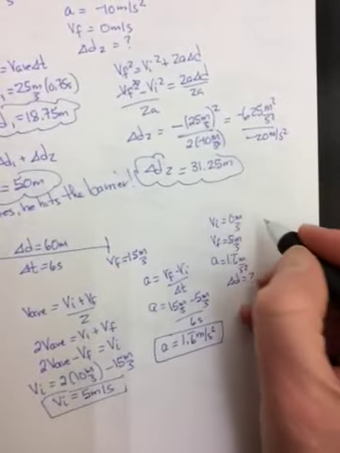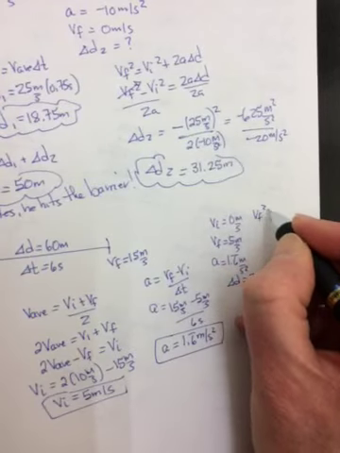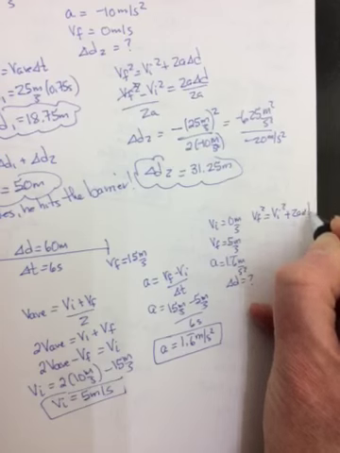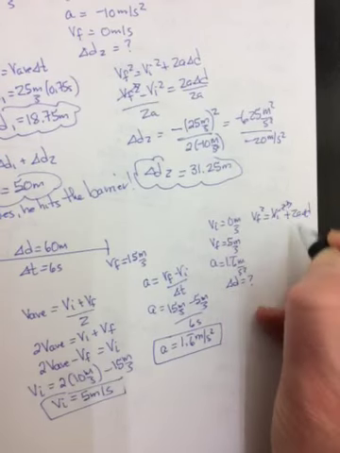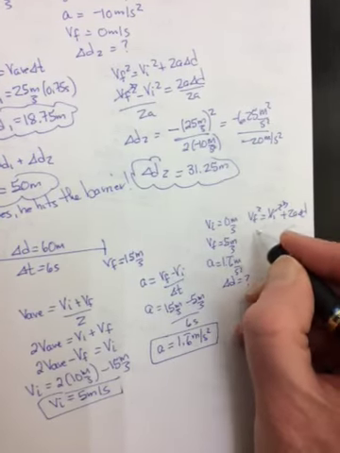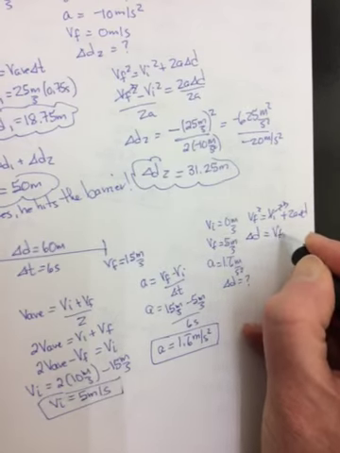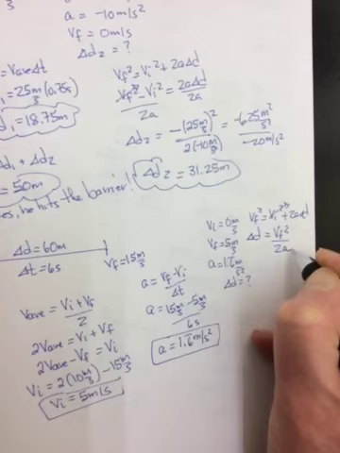Okay, no time given here, so use your VF squared equation. VF squared equals VI squared plus 2A delta D. The VI is 0, and you're looking for delta D, so divide by 2A. So delta D equals VF squared divided by 2A.